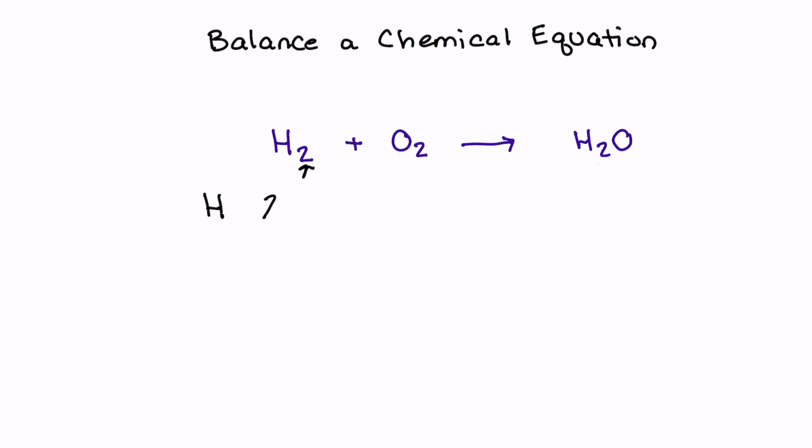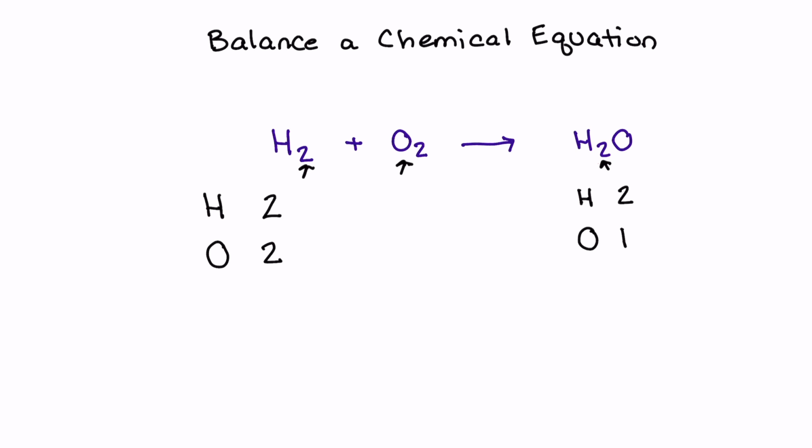So that means we have 2 hydrogens. And there is a subscript 2 after the oxygen, which means there are 2 oxygen atoms. Over here on the product side, we have 2 hydrogens, but we only have 1 oxygen. Something is not balancing out here.